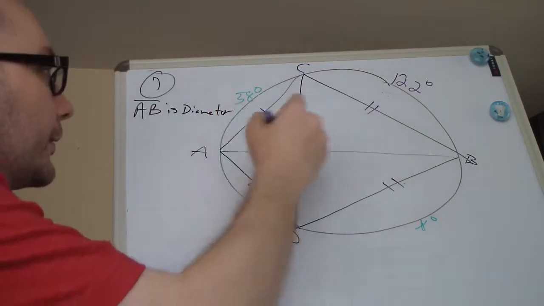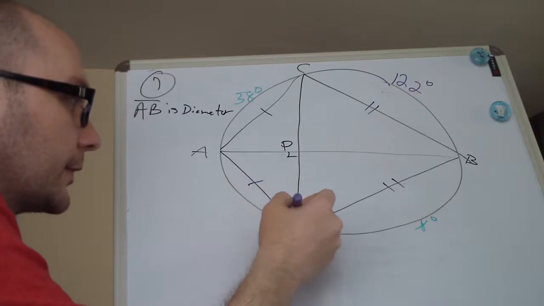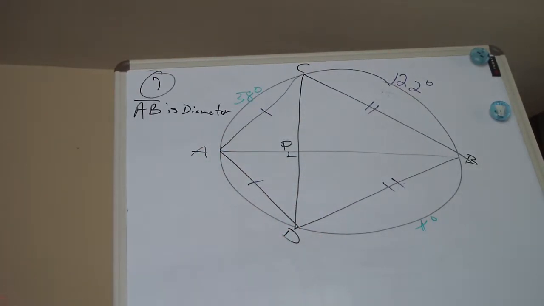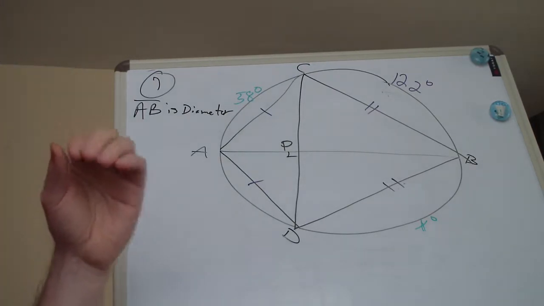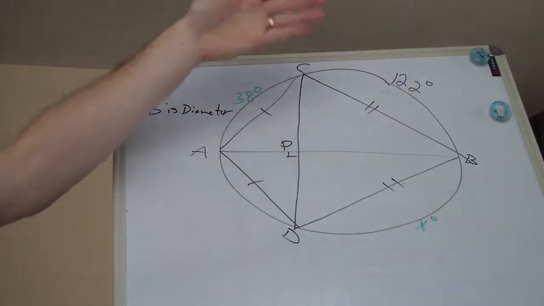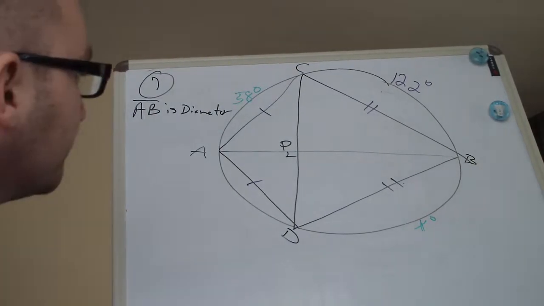So this arc measure here is going to be congruent to this arc measure here, right? So if the central angles are congruent, then the chords are congruent. If the chords are congruent, the arc measures are congruent. If the central angles are congruent, then the arc measures are congruent. And if the arc measures are congruent, then both the chords and the central angles are congruent. So they all kind of go together, which is nice.